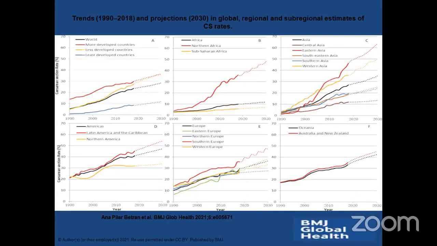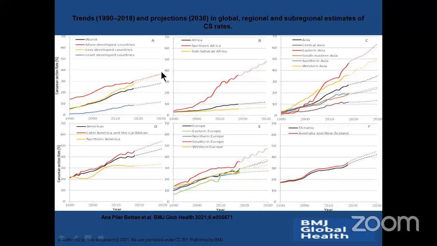And look at the trend for each of these sections here. It shows that, let us say, in 2030, there is again an exponential rise of Caesarean section rates. Let us come to this part of the graph. This shows the world, the more developed countries, less developed countries, and least developed countries. Whatever it may be, if you see the dotted line, where does it end?